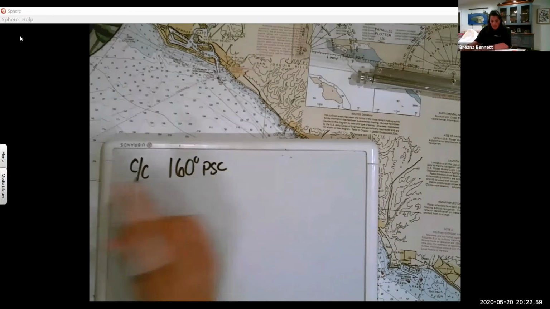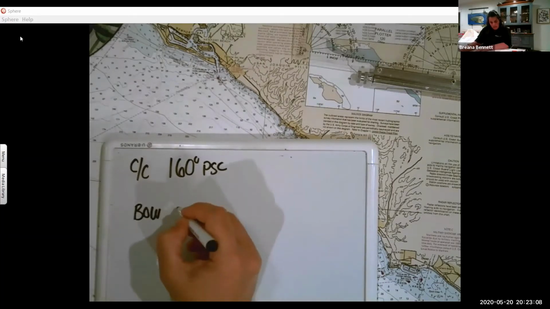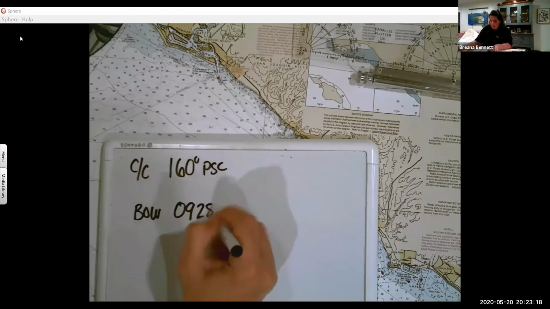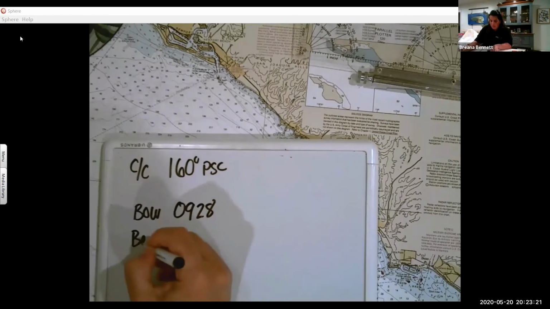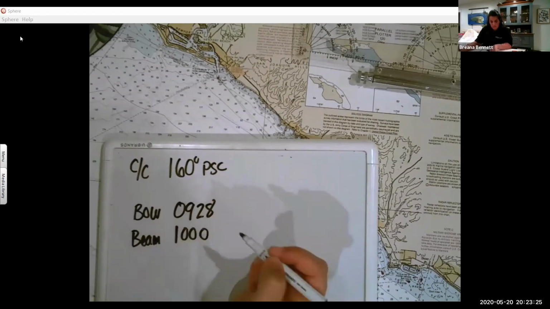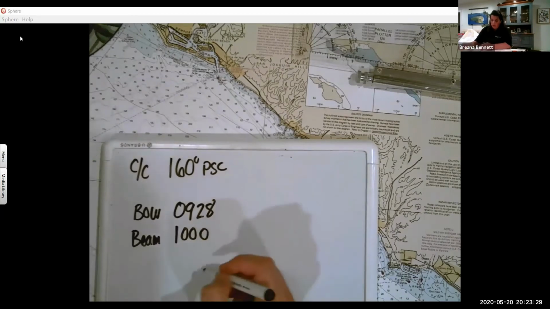And then we saw it on our bow at, why can't I see the time here? Oh, 09:28. And then we saw it on the beam at 10. What is our bow and beam fix?